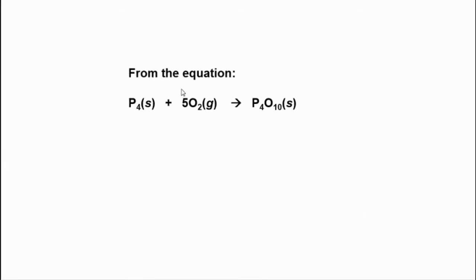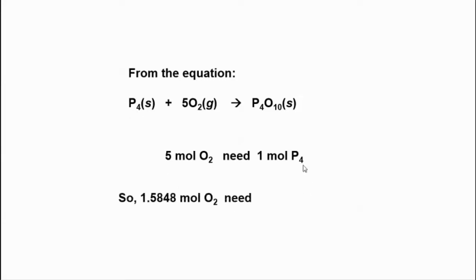From the equation, 5 moles of oxygen produce 1 mole of phosphorus decaoxide, P4O10. Or we can write it as 5 moles of oxygen need 1 mole of phosphorus.